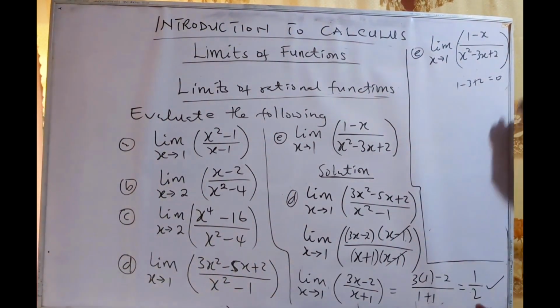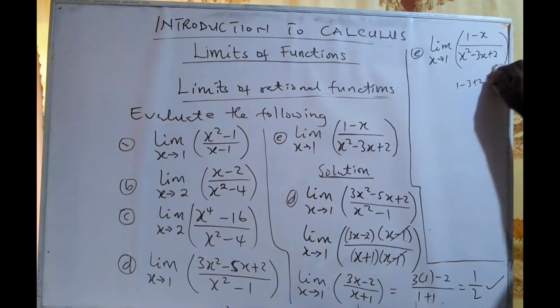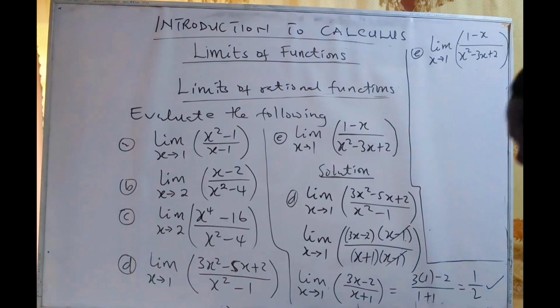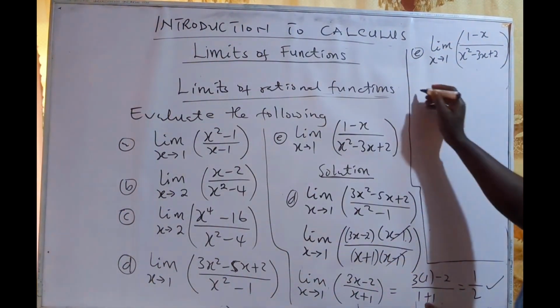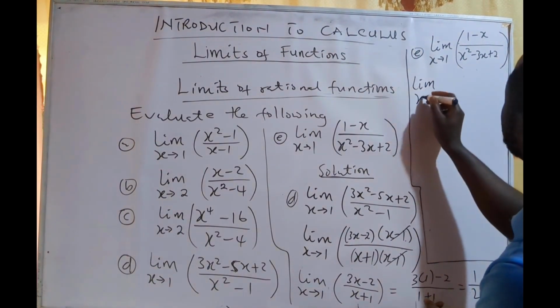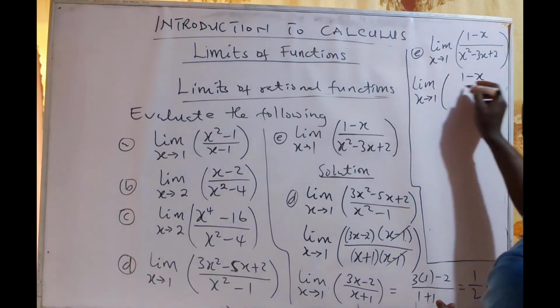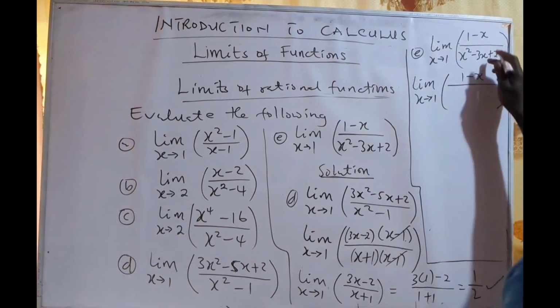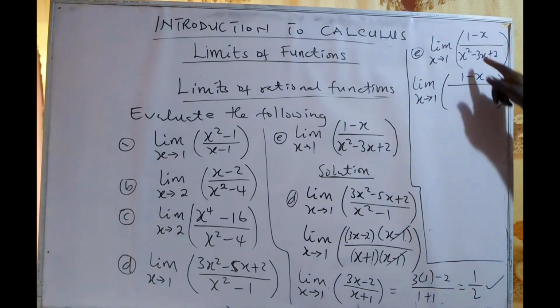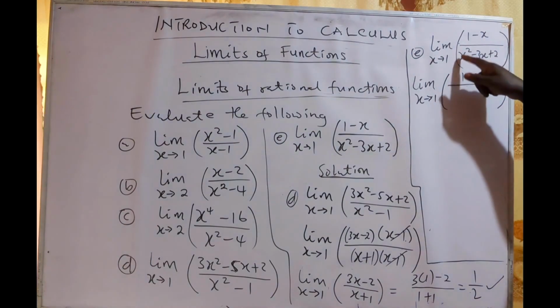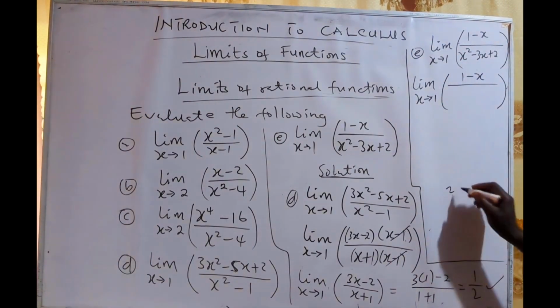So it means I have to factorize, and then if I factorize, I'll see if I can cancel out the common factors. So I have the limit as s approaches 1 of 1 minus s over, let me do the factorization of this. The coefficient of the s squared is 1 times 2, that will give me 2.